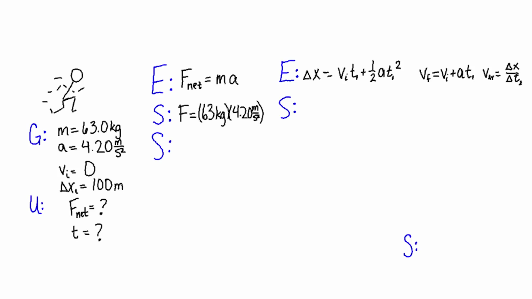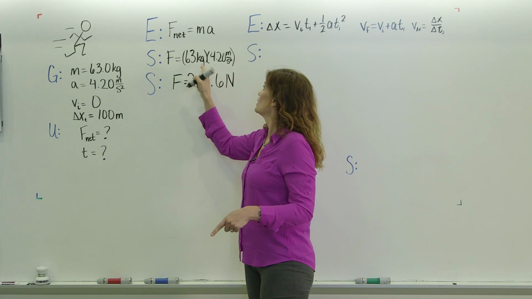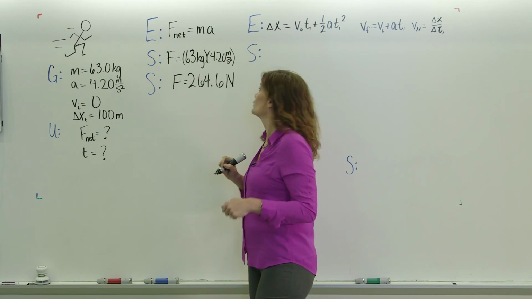You put that in your calculator and you get that his total force is 264.6 newtons. Now we remember that a newton is a kilogram meter per second squared. And we have kilograms, meters per second squared, so we're good on that.